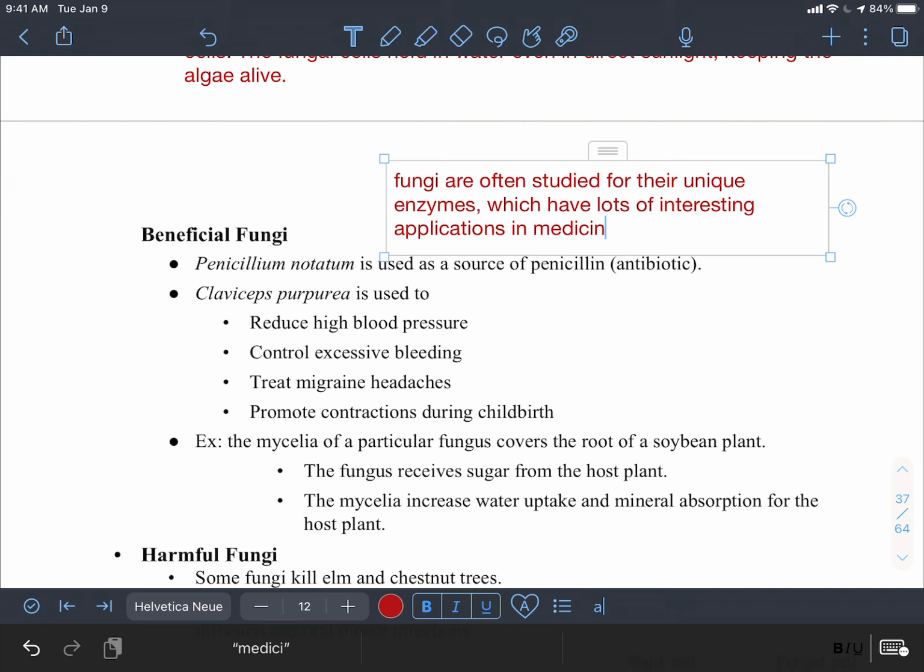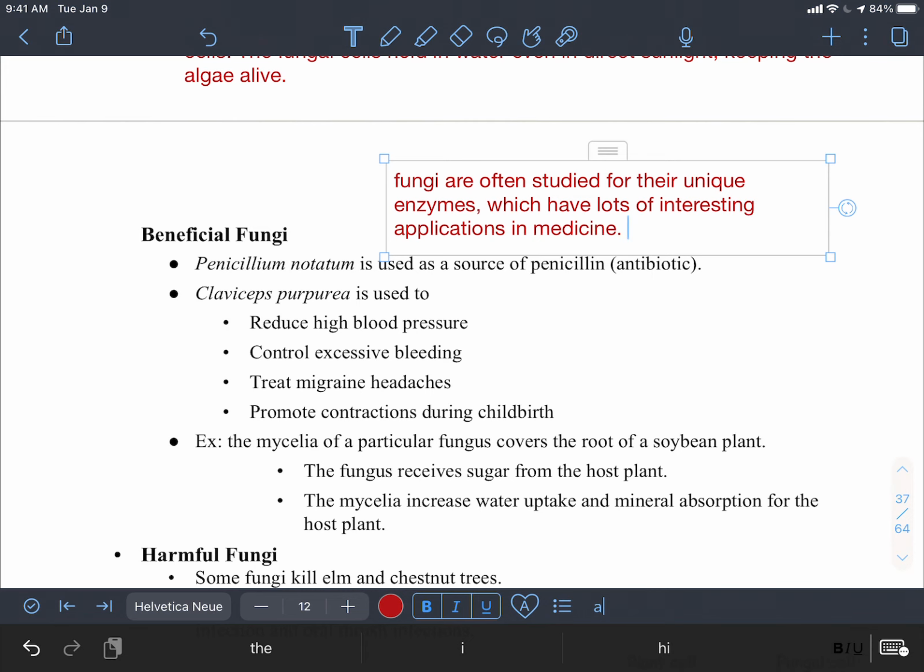You'll see every couple of months or so they'll talk about a fungus-derived medicine for cancer, a fungus-derived medicine for this or that. And it's all because these funguses are really good at producing these enzymes, and enzymes are essential to the function of cells. And so if these funguses are producing interesting enzymes that are unseen anywhere else in the world, they could be used in our own bodies.